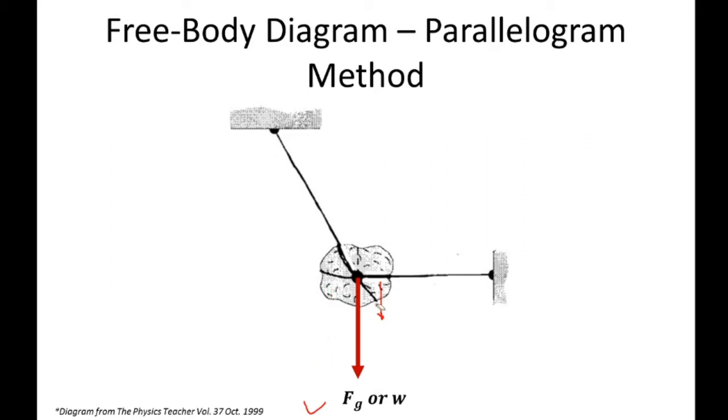Now the other forces will be proportional to the force of gravity. So how do we know the proportion? The next thing you do is draw a line parallel, no, not parallel, a mirror image of the force of gravity. Meaning, that should be of the same length as the force of gravity.